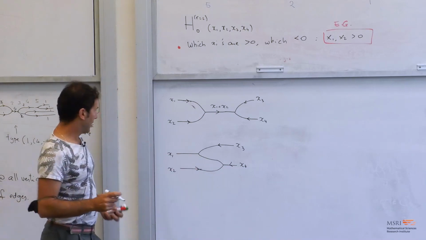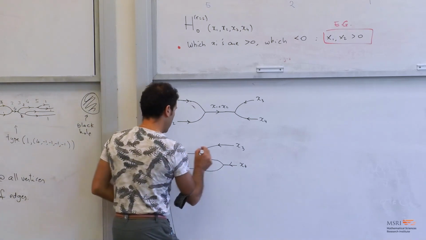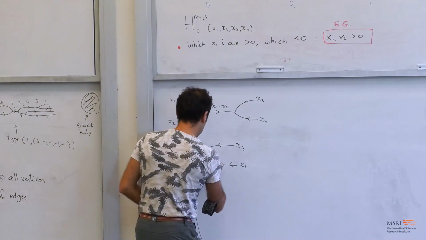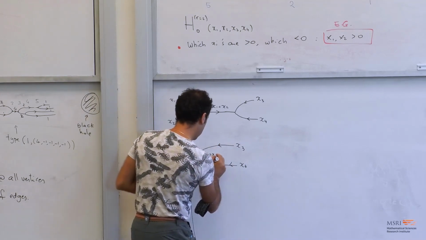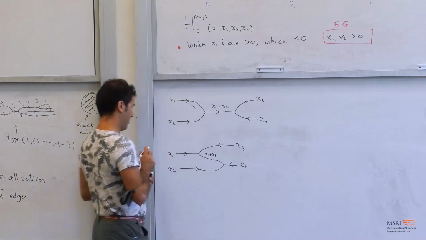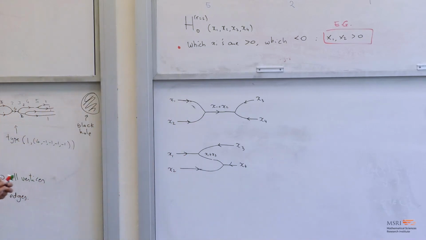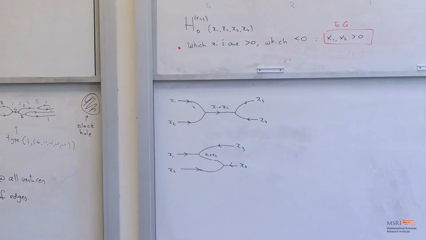And then this weight, I can write it as either x1 plus x3. Is that right? Yeah. Plus, because x3 is negative, right? Yeah. No, yeah, that's exactly what I was being confused about, right?